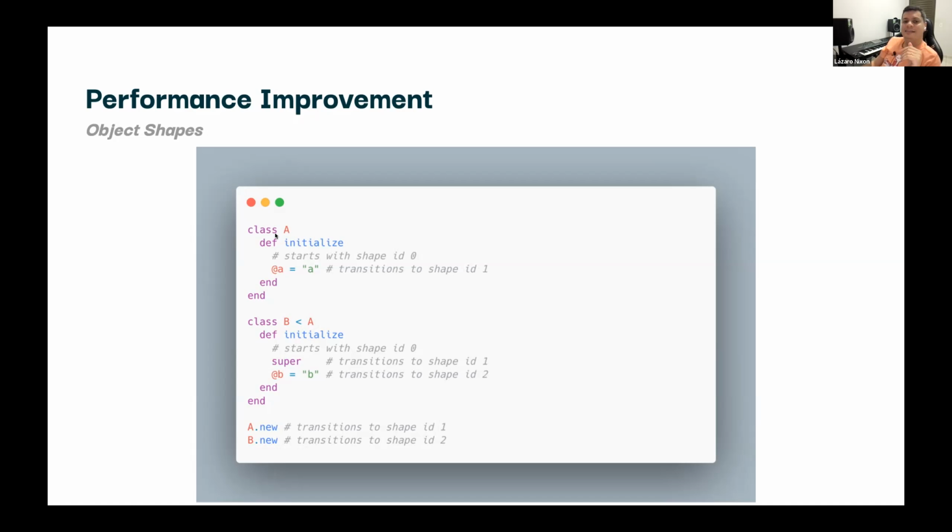If we instantiate class A again, we'll have a cache, so we will have a performance gain. But what happened in the past is that if you instantiated the B class, you wouldn't have this performance improvement. Now with Ruby 3.2, the transition shape is 0, but at this moment we'll have some cache gain here.